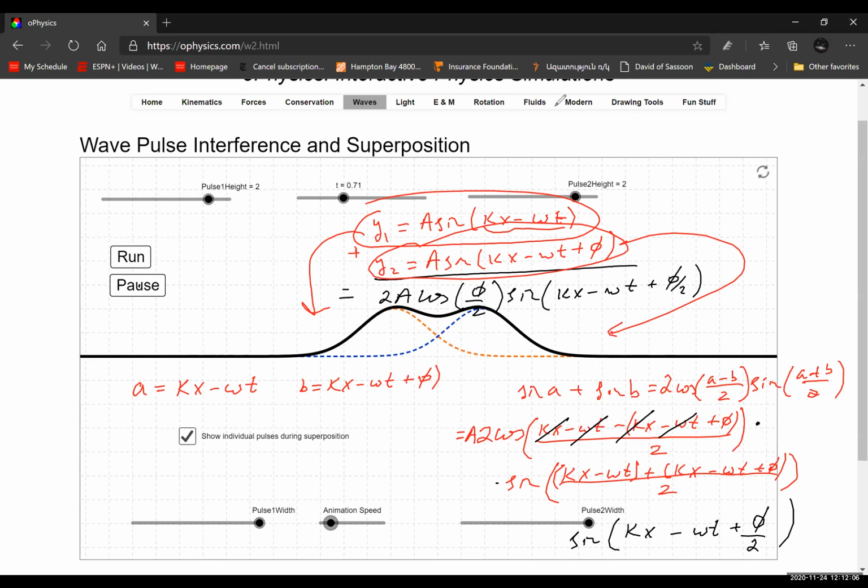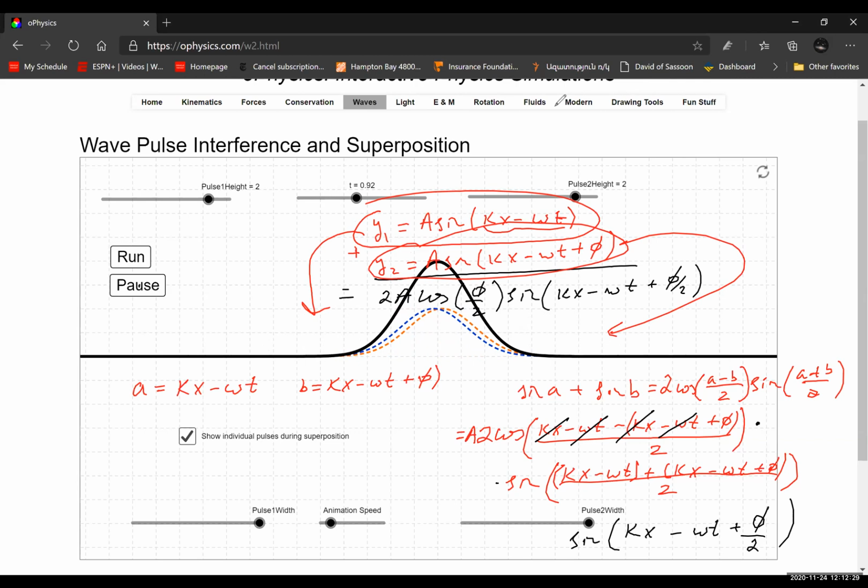So there we go, that's the wave in black. That's the equation for that wave after they overlap. All right, so hopefully you were able to follow. Again, you can pause, you can go back and look at this derivation again.